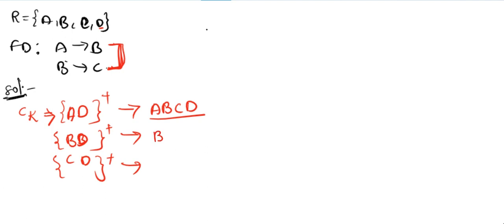And BD means B determines B and C, plus D. And CD gives only C and D.